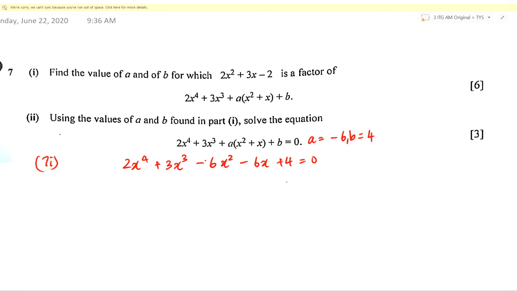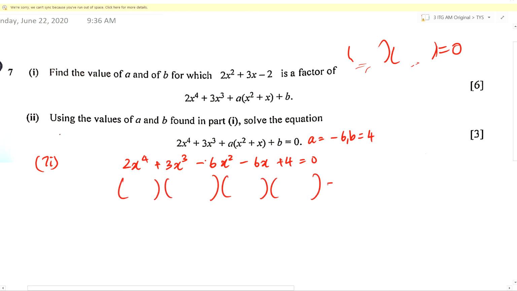Just like when we solve a quadratic, we try and find the factors, let it be equal to 0, and then we can get the values of x from the individual brackets very quickly. So here, power 4, we expect up to 4 brackets. So here we need to find the factors, and we don't have to start from scratch, because they already told us that 2x squared plus 3x minus 2 is a factor.